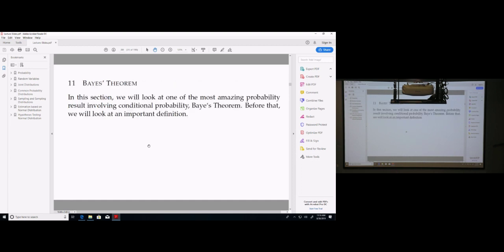Okay. This is one of the most important things, especially nowadays. The Bayes theorem makes a comeback. A lot of simulations, a lot of scientific reasoning, is to incorporate this.